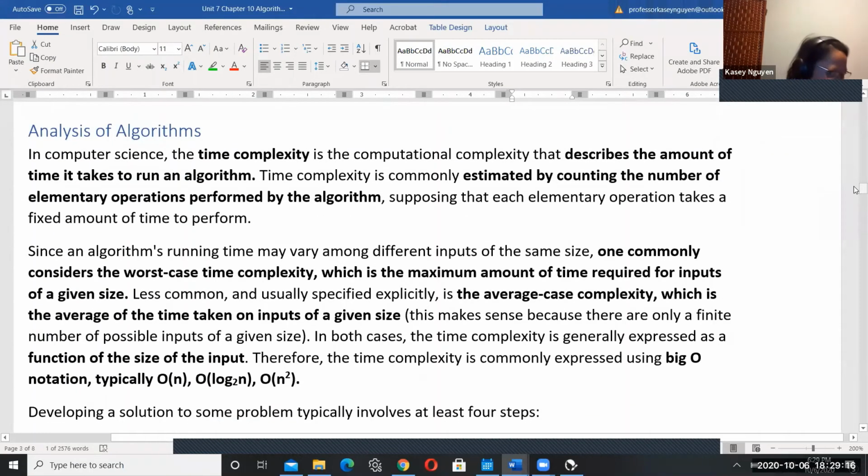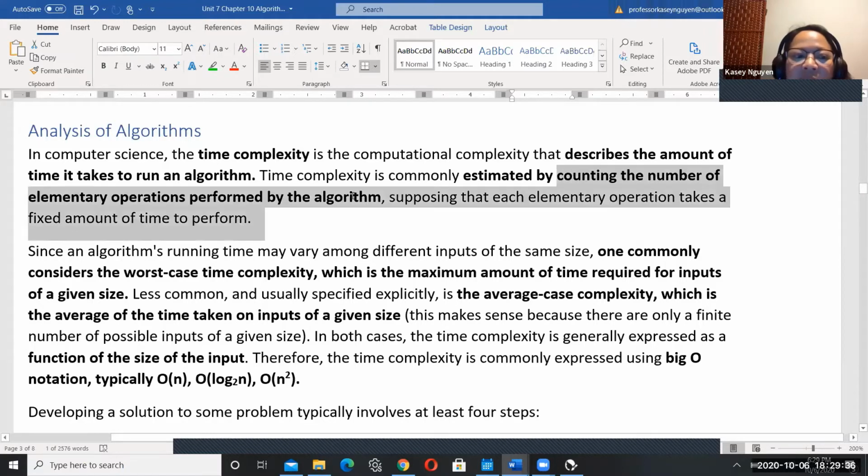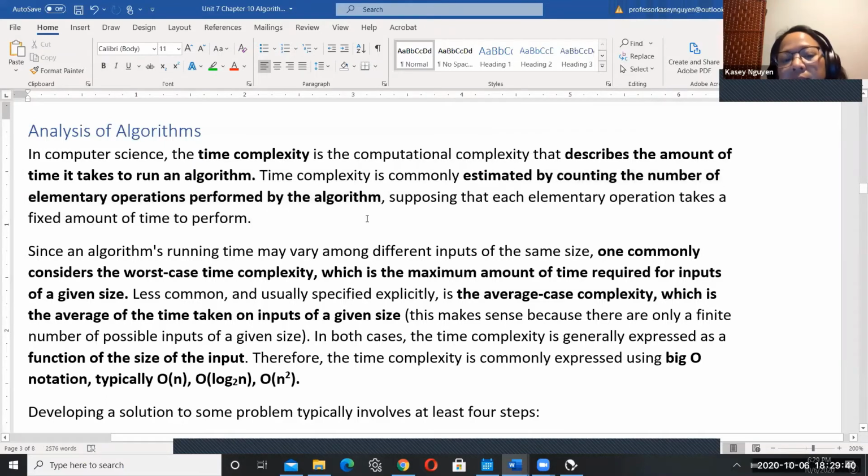So we saw some of this in the lab already. The last couple of labs we touched on this when we're looking at the amount of time for a certain algorithm to run, T of n. Okay, and we would estimate it based on the number of operations for that algorithm.